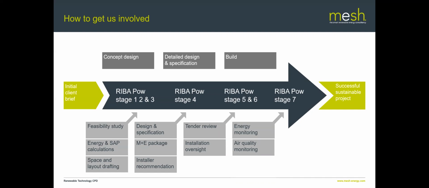Because anything that's not been picked up at installation stage, for example, if the balancing is not quite right on the system, would be picked up by air quality monitoring. And also it's making sure that the householders are actually using the system to its best advantage, because there have been stories where that's not been done.